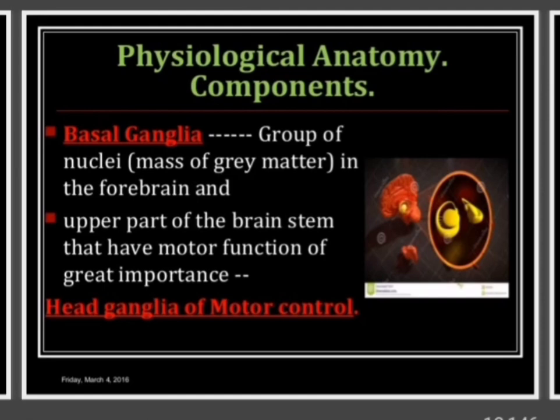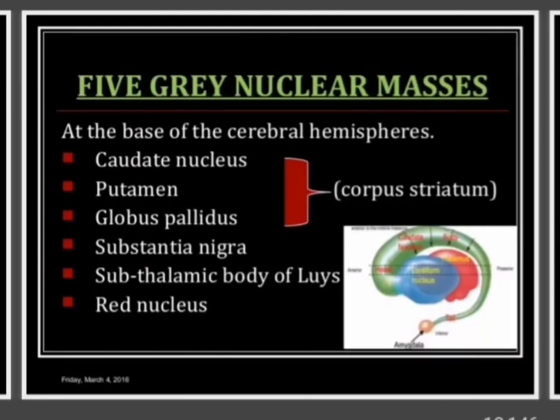Basal ganglia of motor control: five gray nuclear masses compose what is known as the basal ganglia at the base of the cerebral hemisphere: caudate nucleus, putamen, globus pallidus, substantia nigra, subthalamic body of Luys, and red nucleus. Caudate nucleus, putamen, and globus pallidus are known collectively as the corpus striatum.